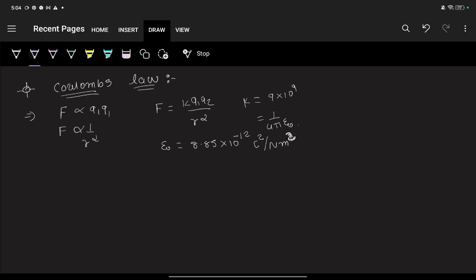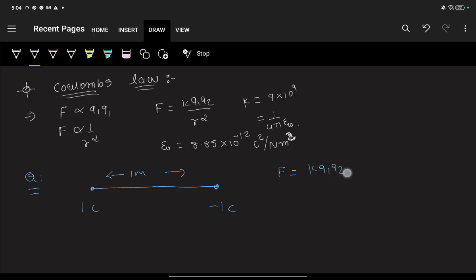Now let's do one question here. Let's say there are two charges, 1 coulomb each. One is positive, another one is negative, and they are separated 1 meter apart. You need to find the force acting on both of them, the mutual force.